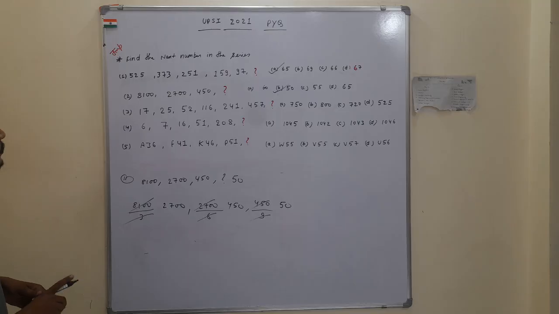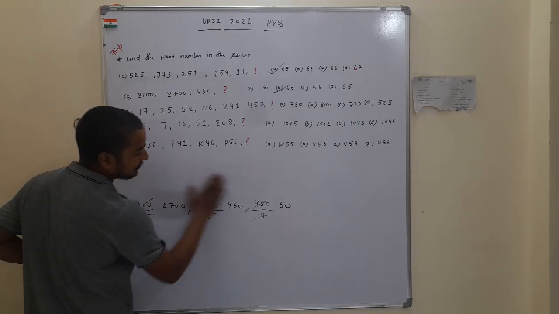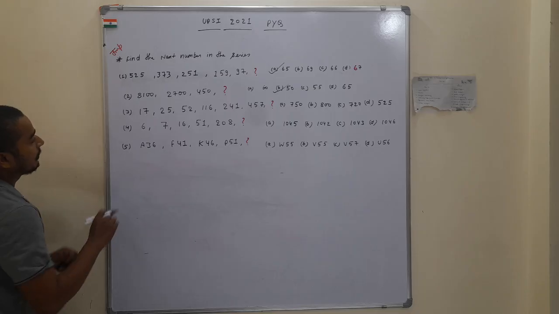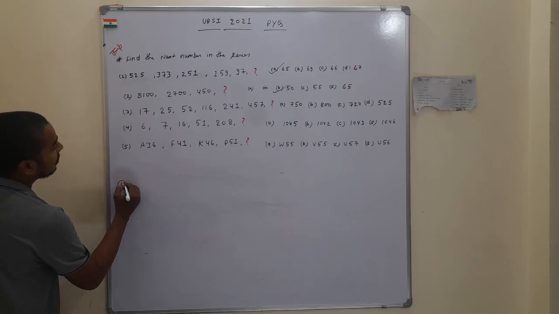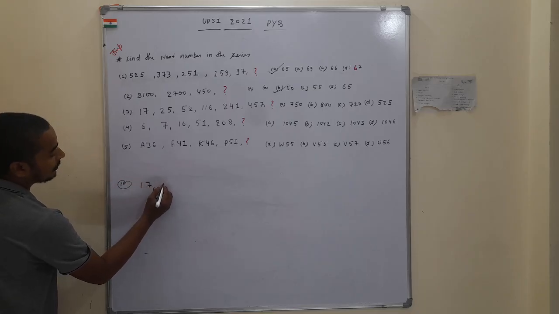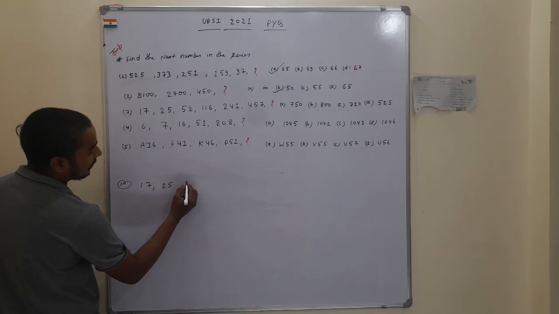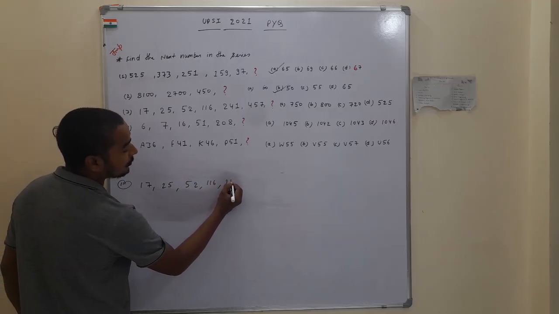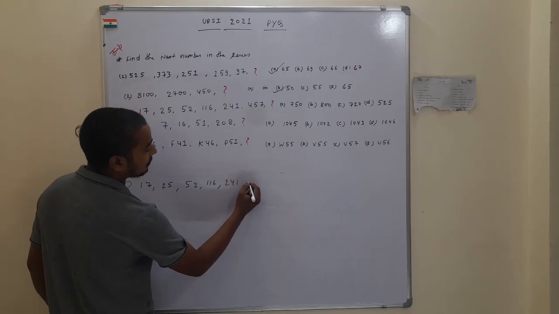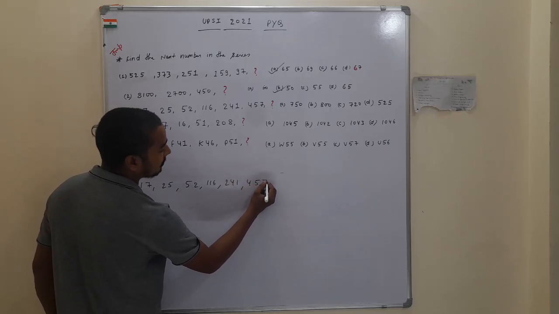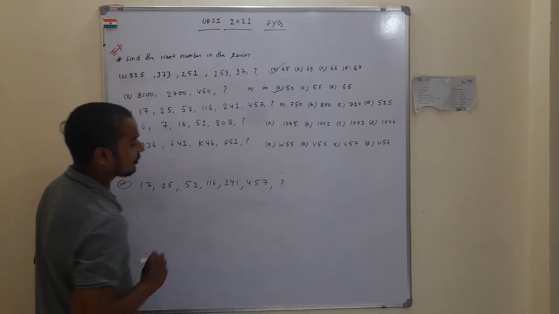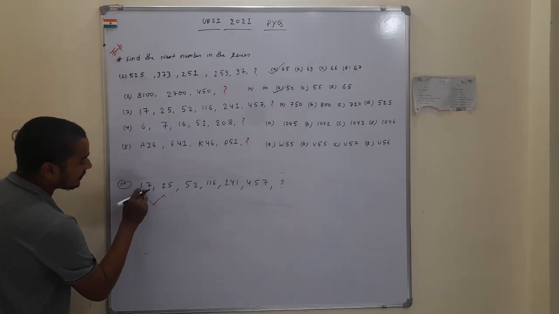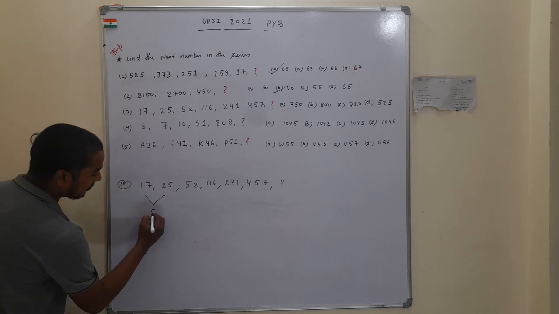Similarly, we solve the third question here. The series is 17, 25, 52, 116, 241 and 457, and we have to find the question mark. First we take the differences. The difference between 17 and 25 is 8.